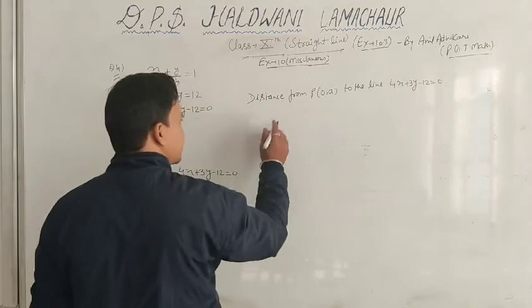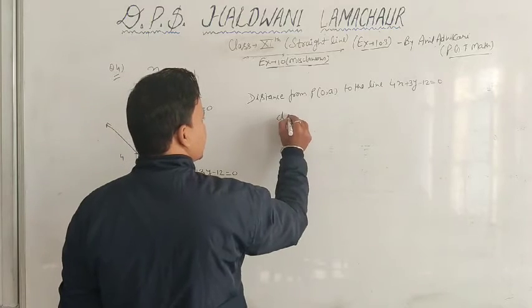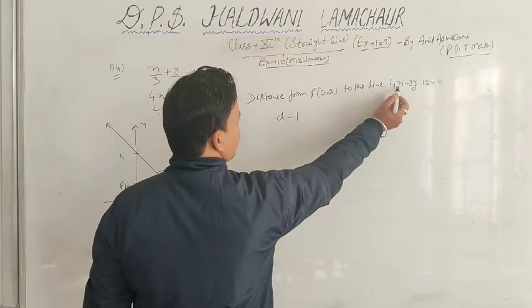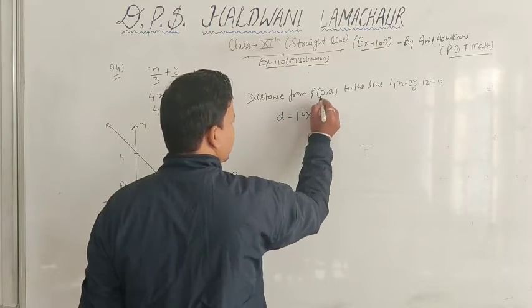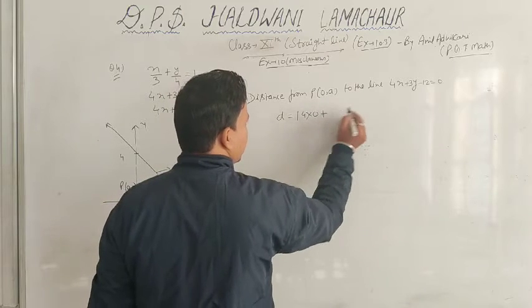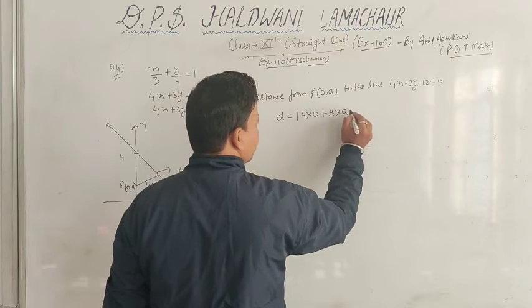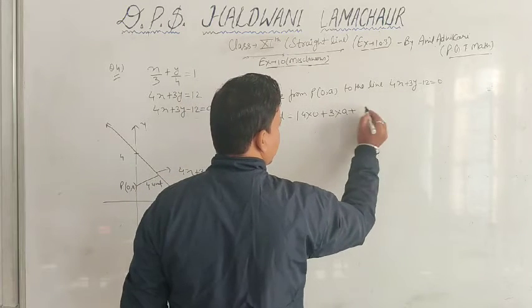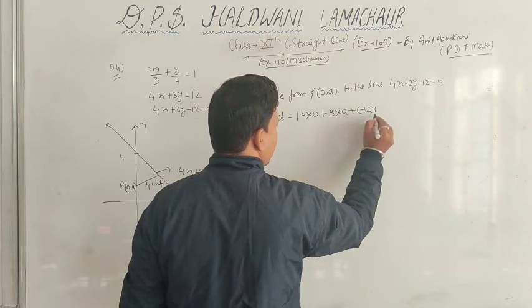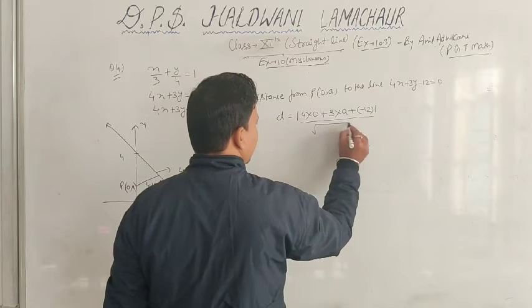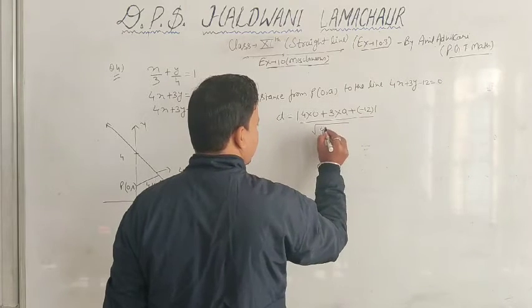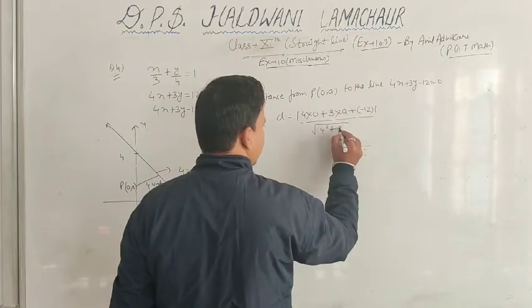So now we will apply the distance formula. The distance is equal to A, the coefficient of x, which is 4, into x1, which is 0, plus B, the coefficient of y, which is 3, into y1, which is A, plus the constant C, which has been given as minus 12, upon root of A square, which is 4, plus B square, which is 3.